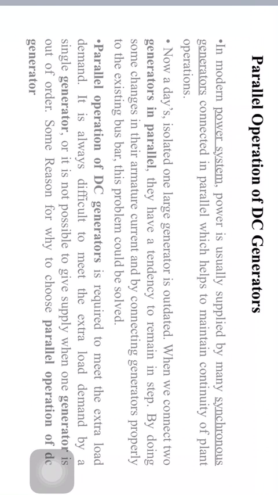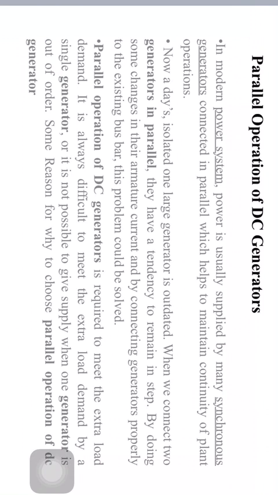In a power plant, power is usually supplied from several generators of small ratings connected in parallel instead of a large generator. In a modern power system, power is usually supplied by many synchronous generators connected in parallel, which helps to maintain continuity of power plant operation.